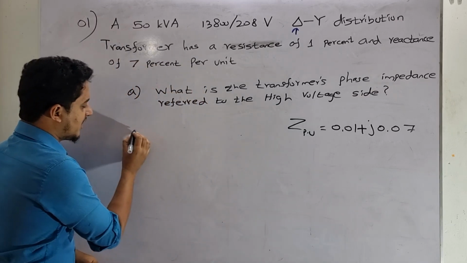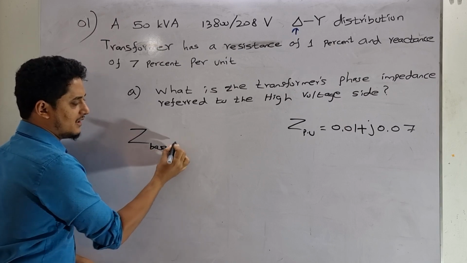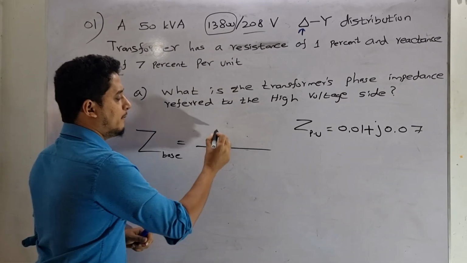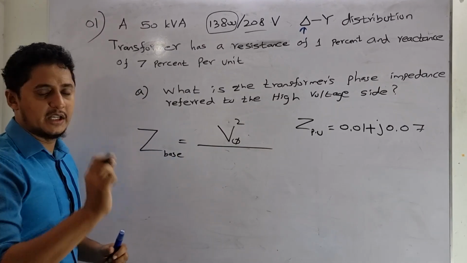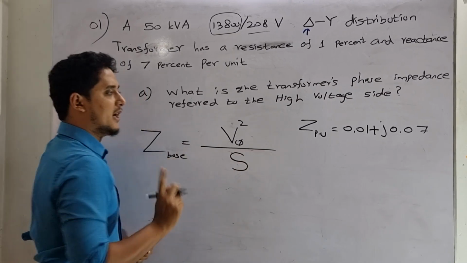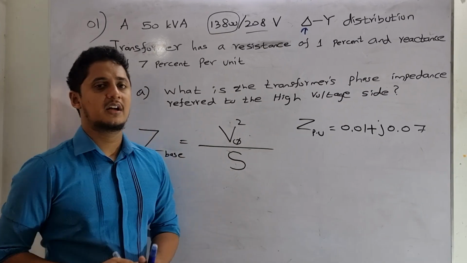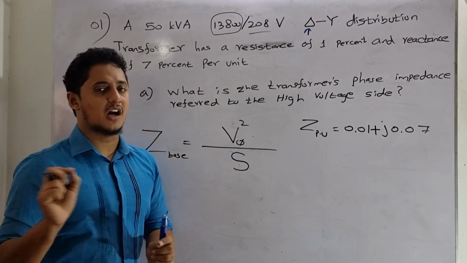Therefore, we know base impedance is equal to phase voltage squared divided by apparent power. But in this question we are using a 3-phase transformer.